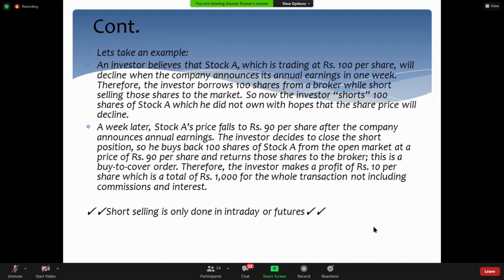That broker is his friend. He short sells those shares into the market at 100 rupees. A week later, stock A's price falls to 90 rupees per share after the company announces annual earnings. The investor decides to close the position, so he buys back the shares of stock A from the open market at a price of 90. The difference will be his profit.